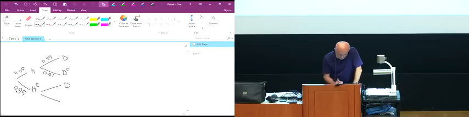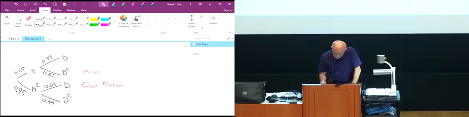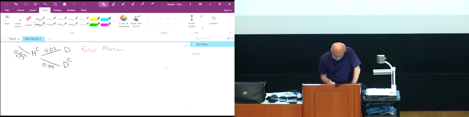So the miss probability is now 0.01 and this one is 0.99. Happy? So this is miss. This is false alarm. And what I'm interested in is this probability.